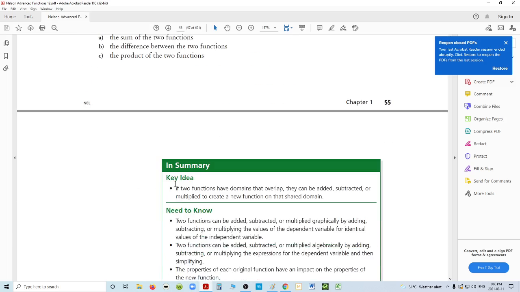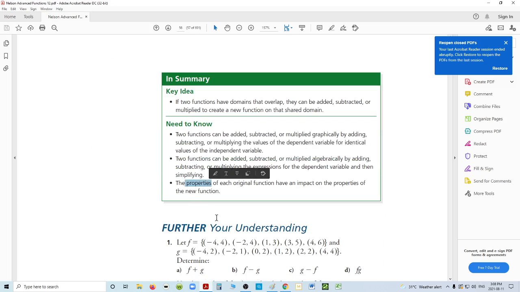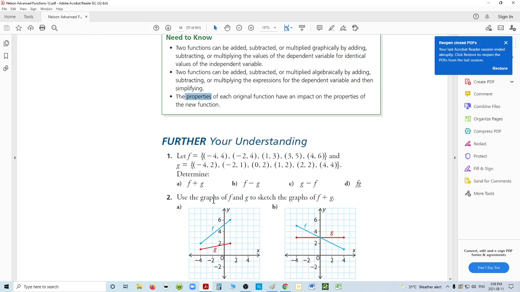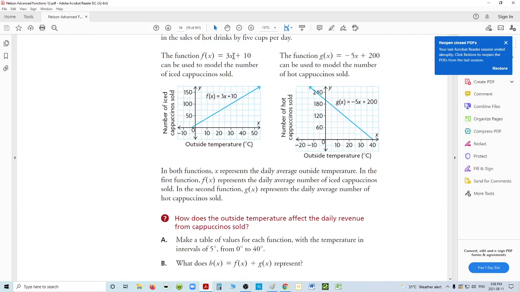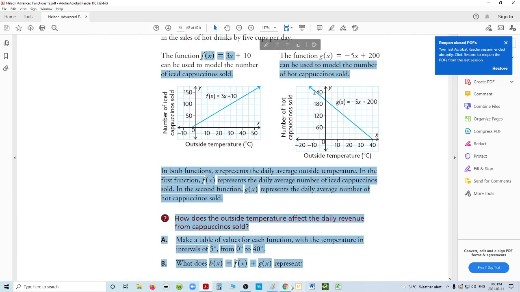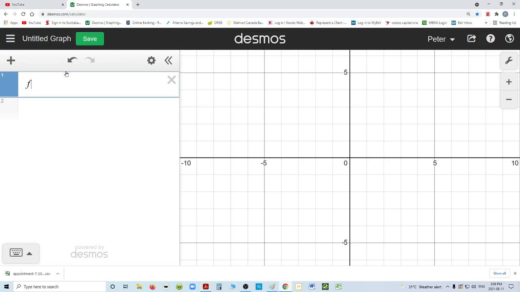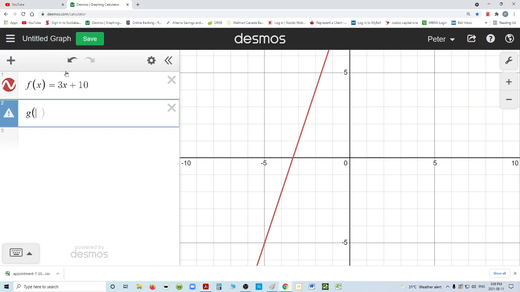And it's good when you can just throw these graphs on Desmos and see what happens. So let's have a look. We got 3x plus 10 and minus 5x plus 200. I think it was.